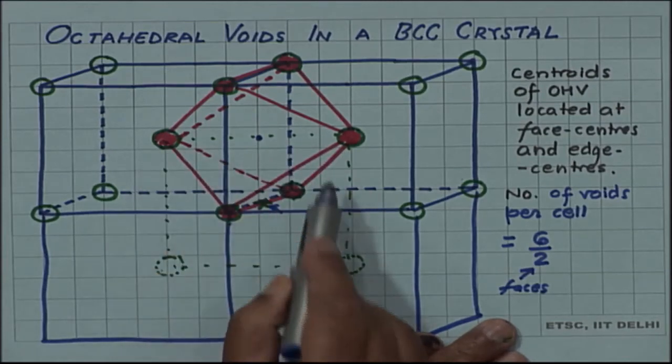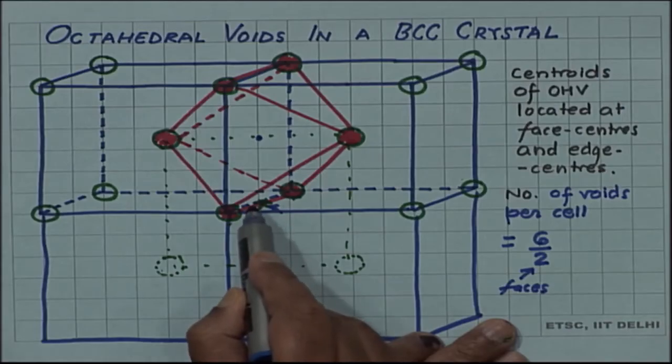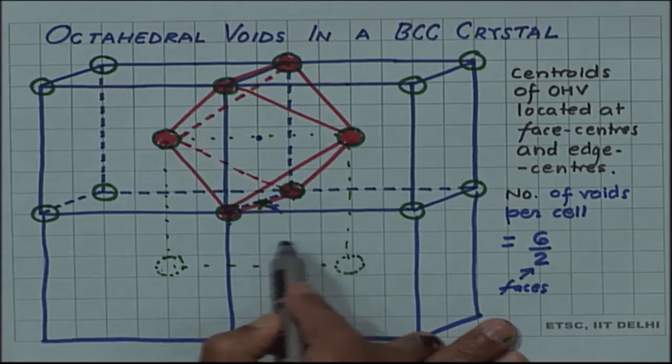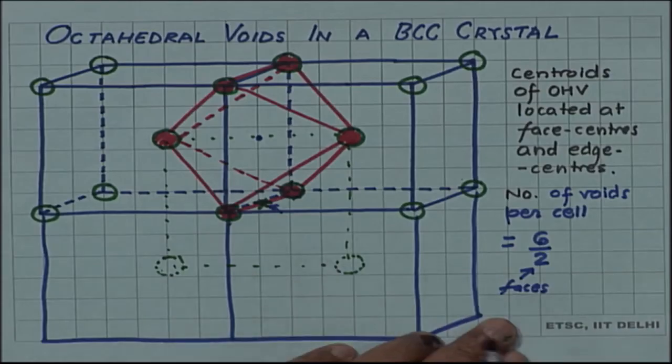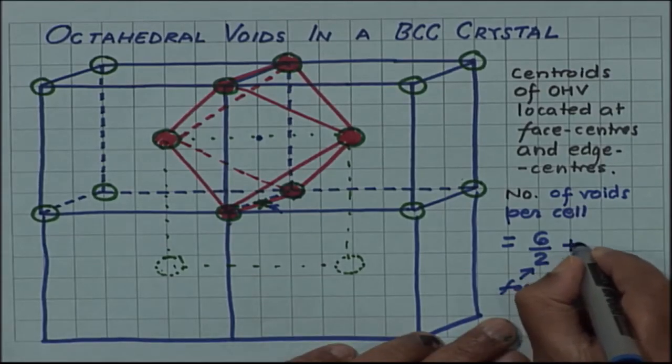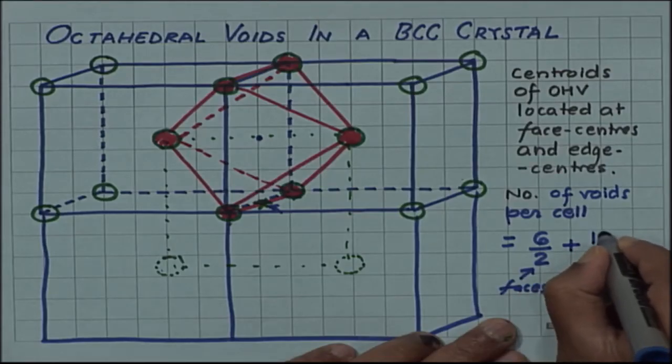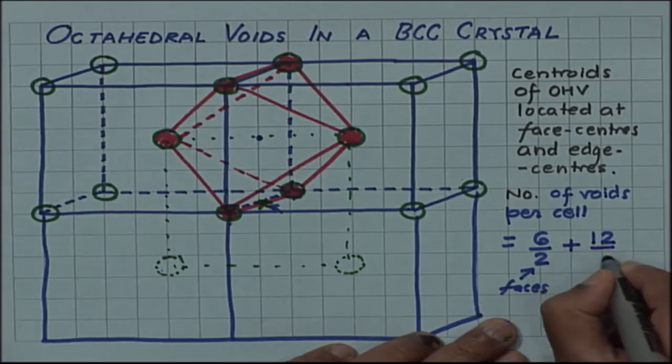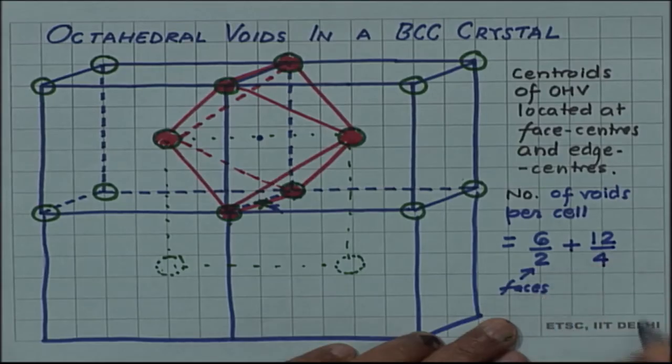So, part of this octahedral void located at the edge center will belong to each of these 4 cubes, and there are 12 edges in a cube. So, we have 12 each being shared by 4.